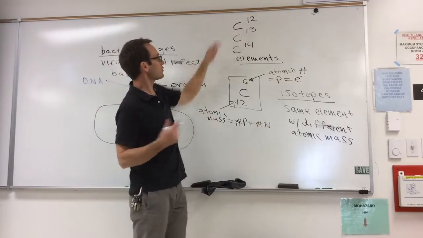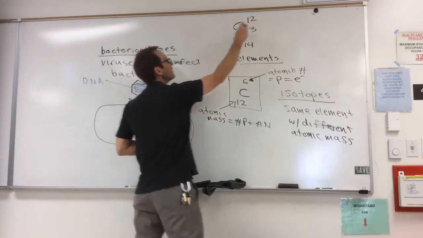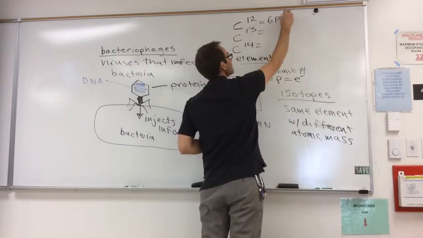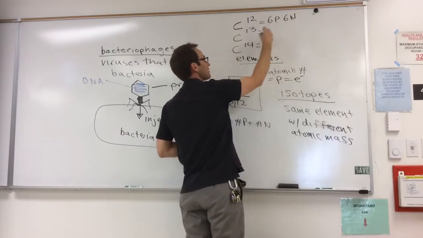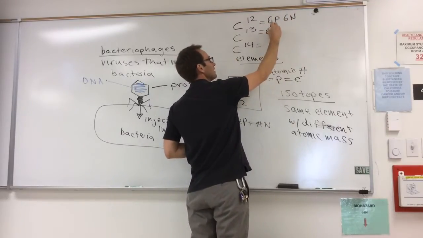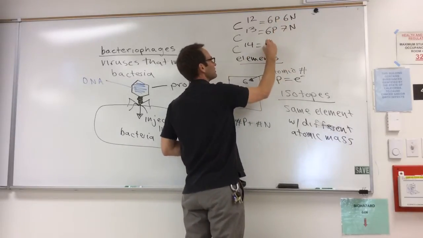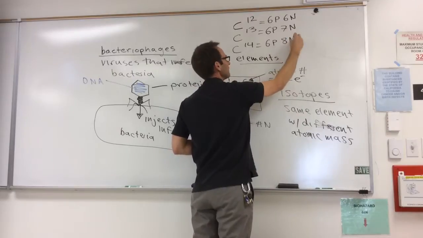So carbon 12 has 6 protons and 6 neutrons. Carbon 13? 7. Carbon 14? 8.